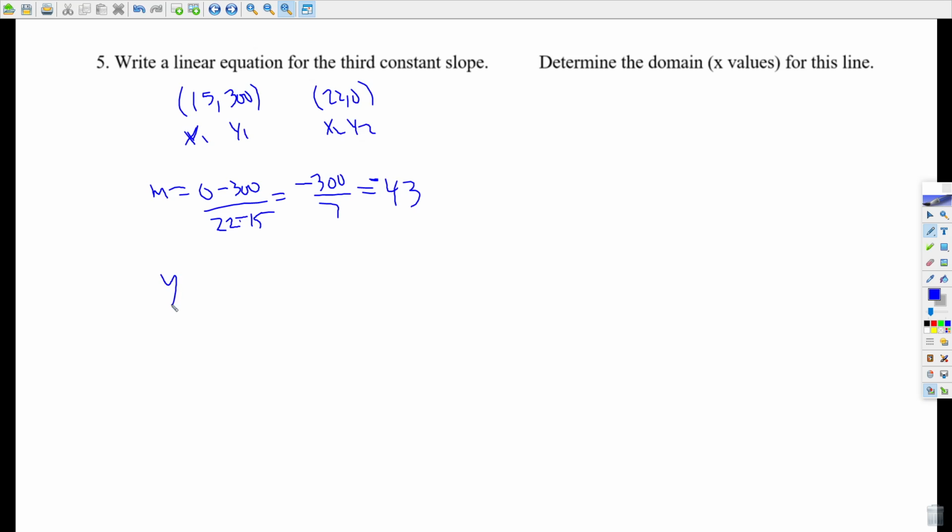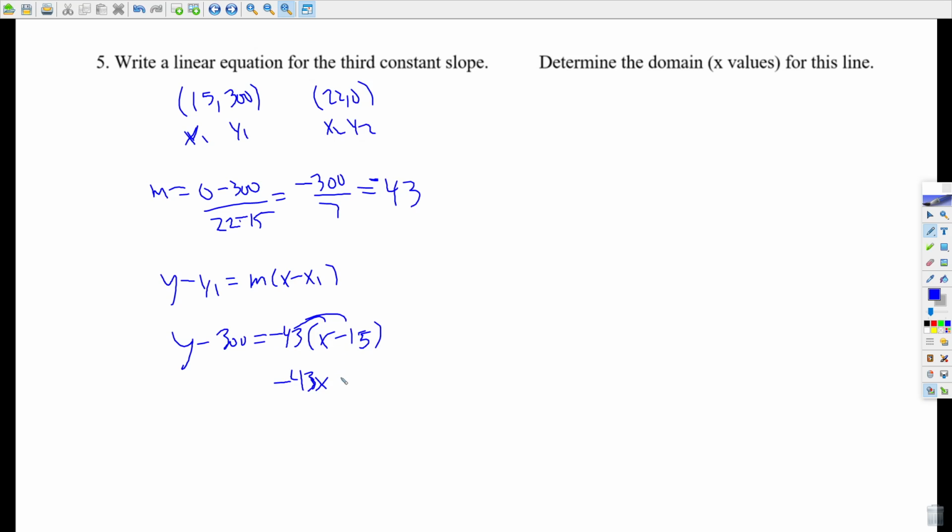Okay, so now we have the slope. We can plug it into our equation. And then y minus y1, which is 300, equals your slope, negative 43, times x minus x1, which is 15. Distribute. Now we actually have something to distribute. Negative 43x. Oh boy. And then we have to multiply that together. 43 times 15. Looks like I got 645.